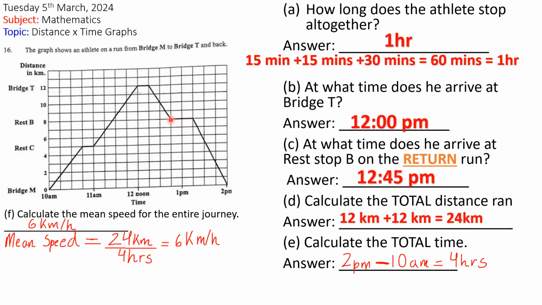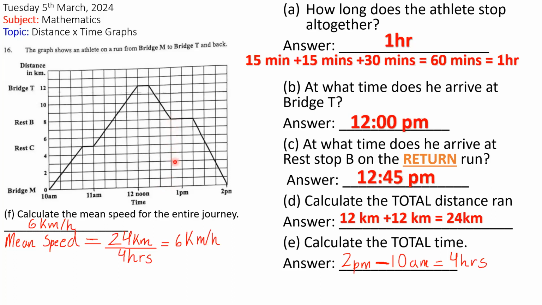This is rest stop B. And that corresponds right there. We're trying to find the time, right? At what time does he arrive at rest stop B on the return run? Good. So we know that every block is 15 minutes.